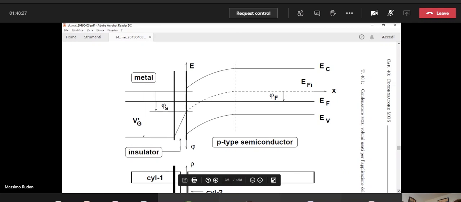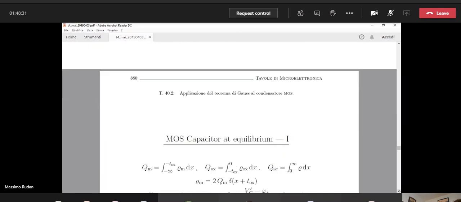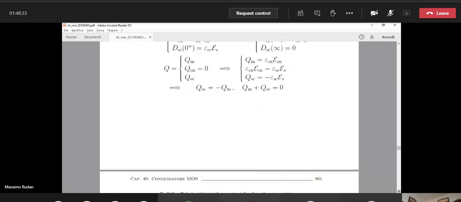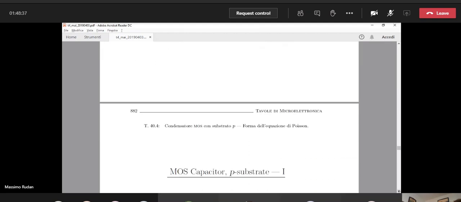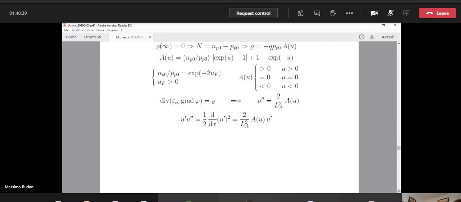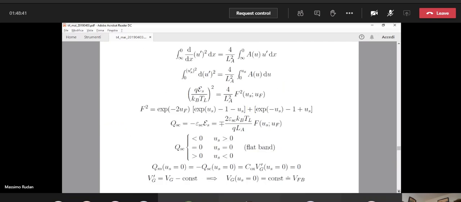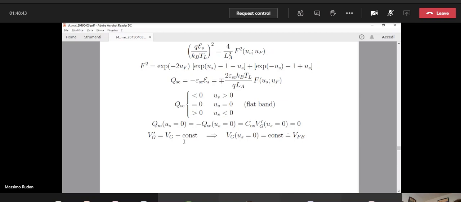But you remember, Vg prime is not the difference in voltage between the gate contact and the bulk contact. Vg prime is equal to Vg apart from a constant, okay?